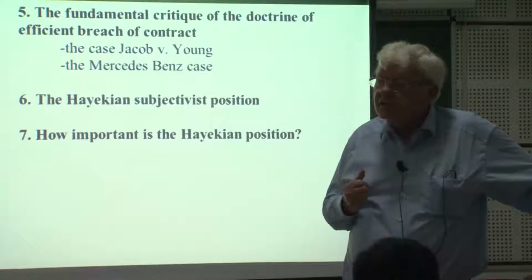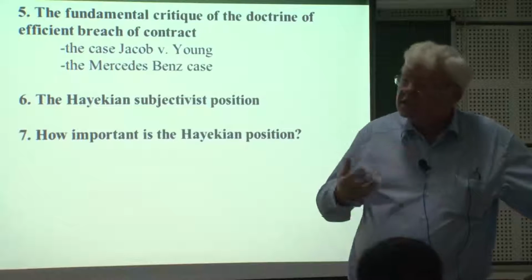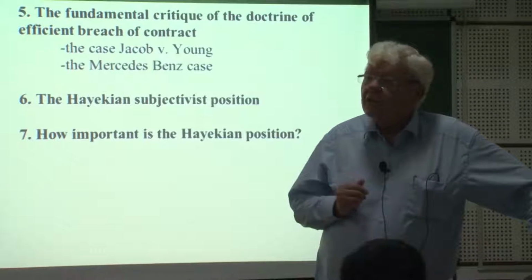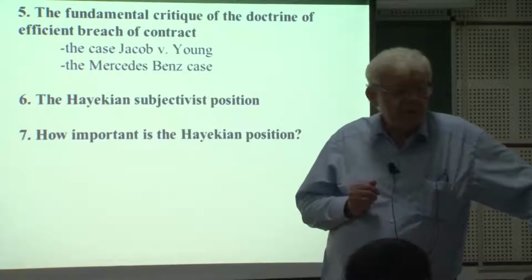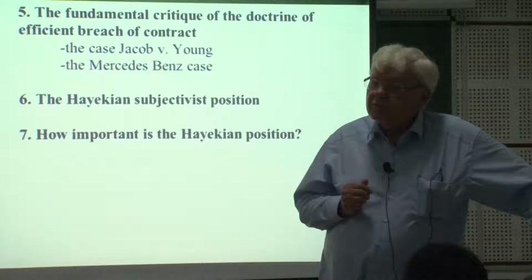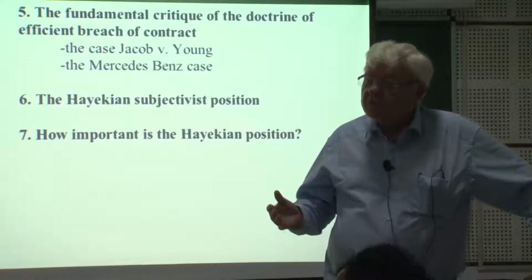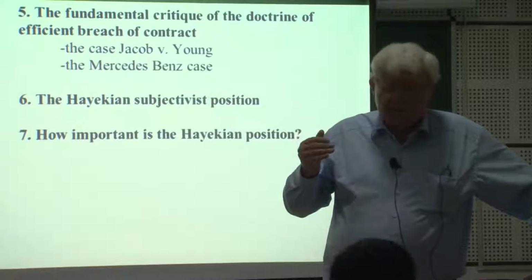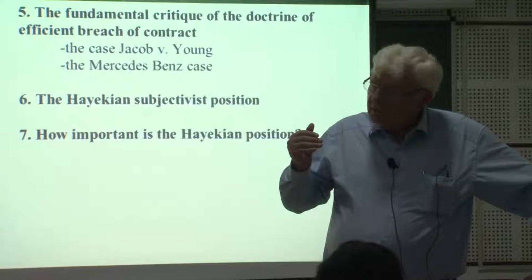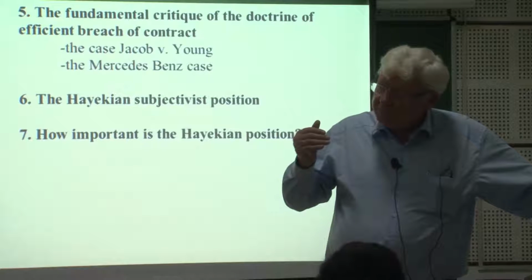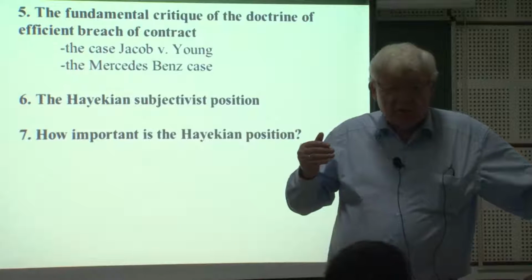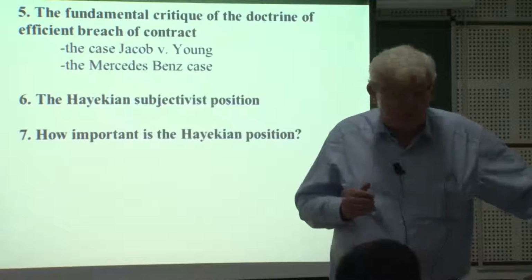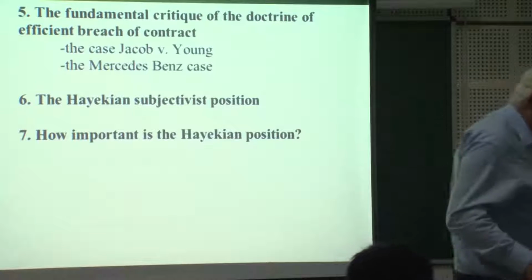It is also here not compensated. And many things are not compensated, and that leads to undercompensation, and the undercompensation again leads to a breakdown of the proposition that the compensation of expectation damages leads to an efficient breach. It might lead to an inefficient breach. So that is the critique.